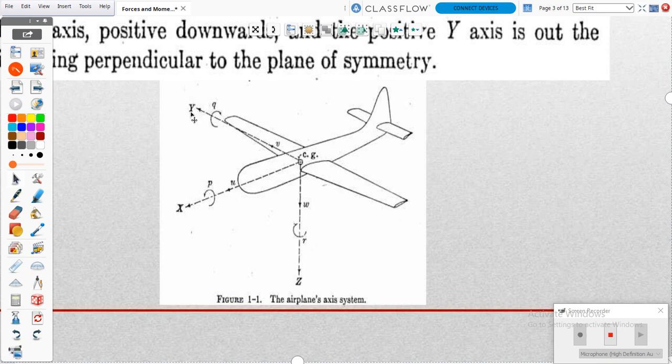This is capital Y, with angular velocity small q and linear velocity small v. The third axis goes from the center of gravity downward. That is the axis capital Z, with angular velocity small r and linear velocity small w.